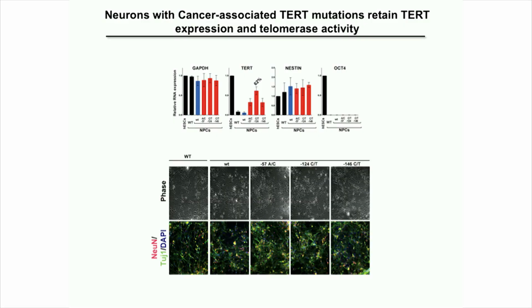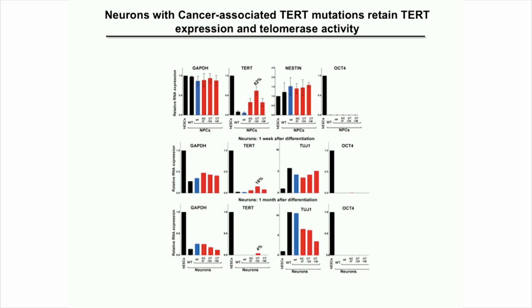And if we then differentiate these neuronal precursors further into N-TUJ positive neurons, which are markers for mature neurons, we find that even in these cells, the TERT promoter mutations confer aberrant high TERT expression compared to wild-type cells.